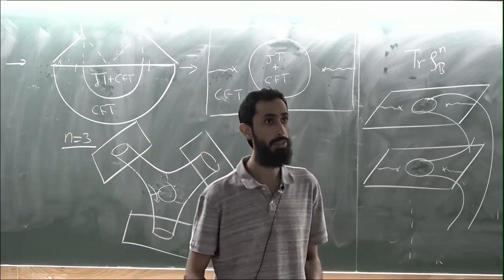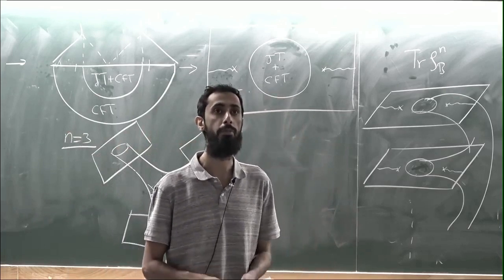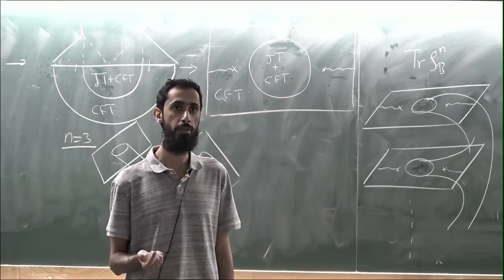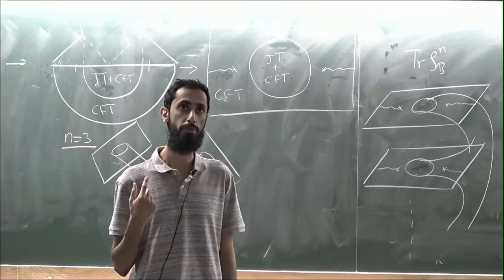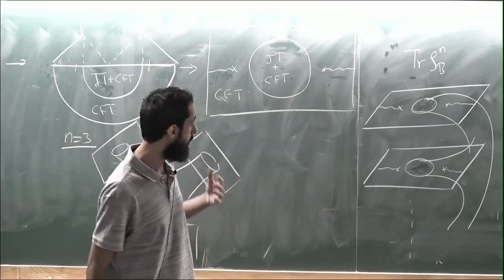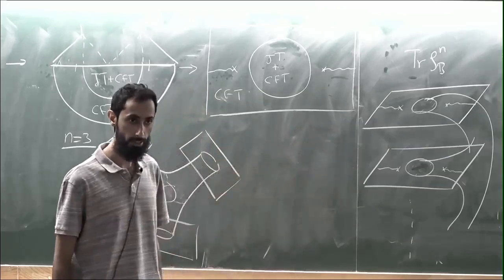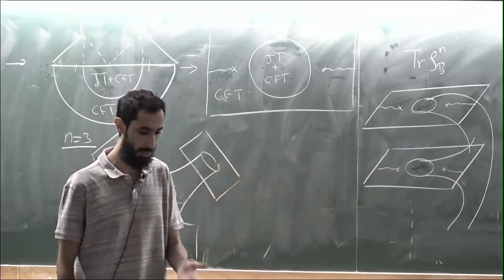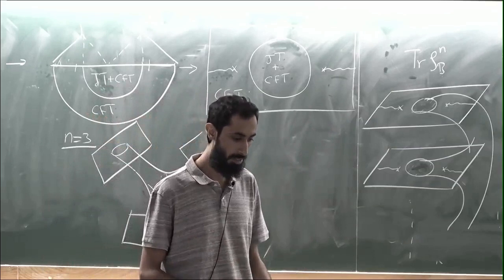Let me emphasize one thing. If you've been paying attention to talks of Stanford and Schenker and Saad, they also consider topologies which look like this when computing this Z star or whatever.